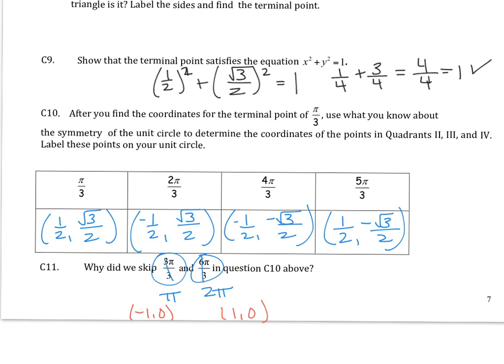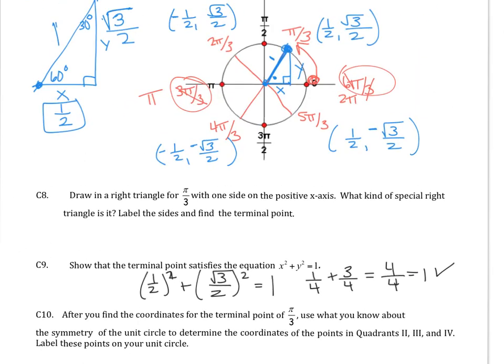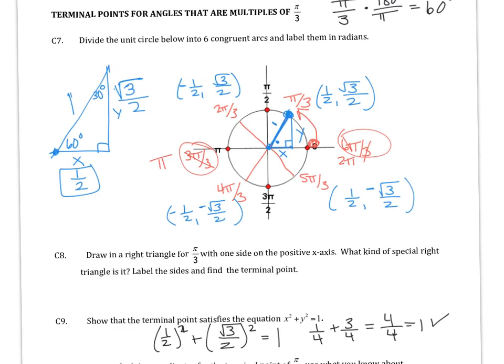So these are the pi over 3s, and you can see as you go around the circle where you have the pi over 3s in the different quadrants, because of the 30-60-90 triangle, you wind up with 1/2 comma root 3 over 2, and it just varies, negative or positive, depending on your quadrant.